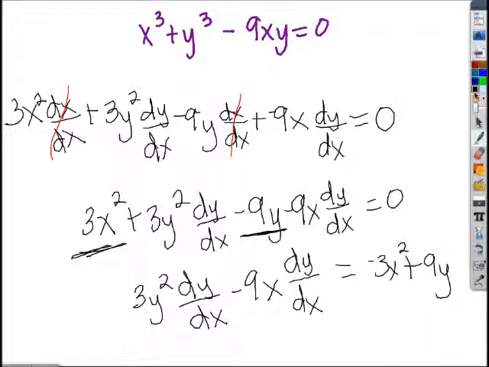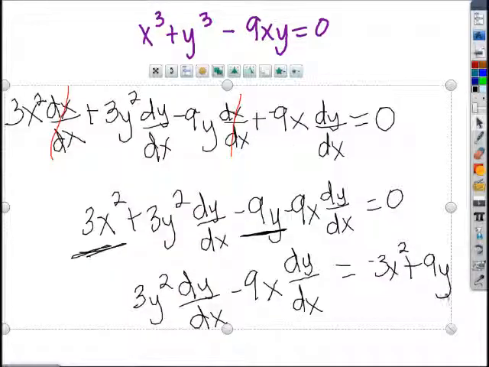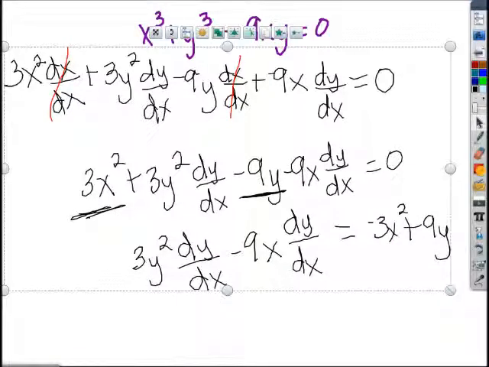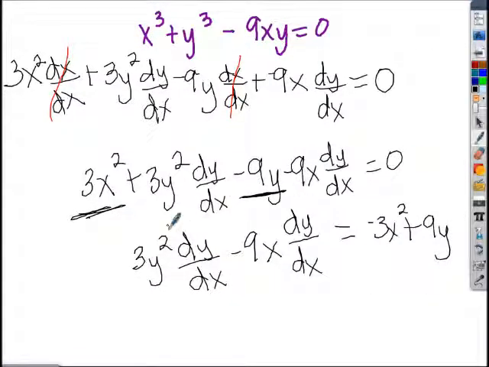Now, what I can do from here is I can first move my stuff around so I have enough space. I am going to factor out a dy over dx from both of these terms. And once I do that, I'll be left with dy over dx times 3y squared minus 9x.